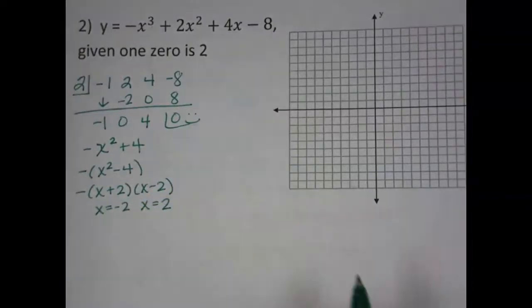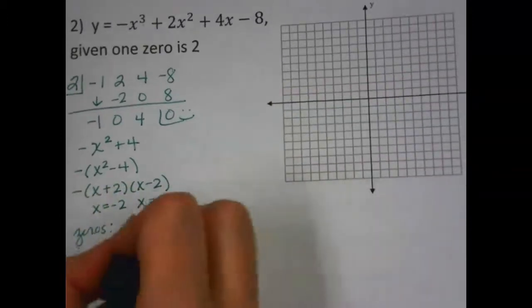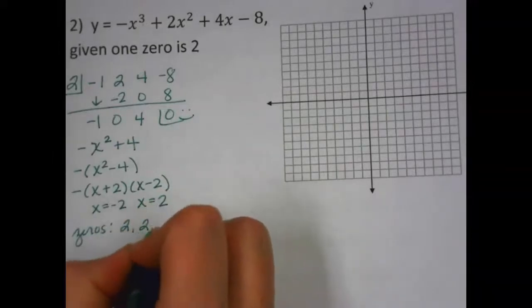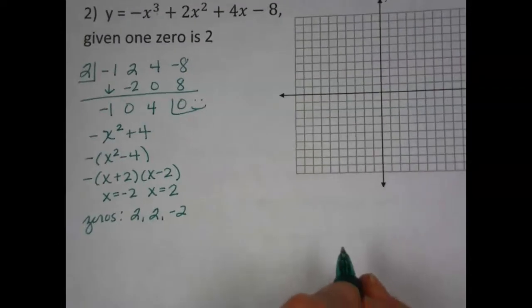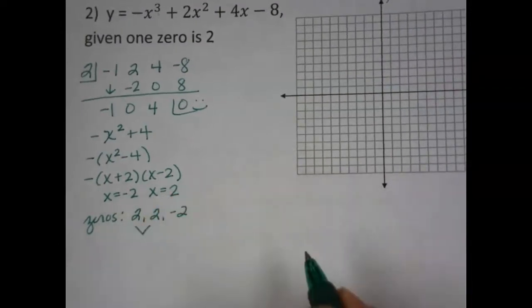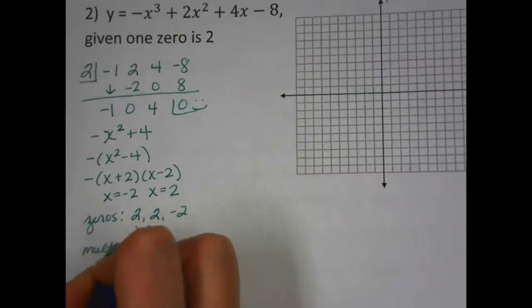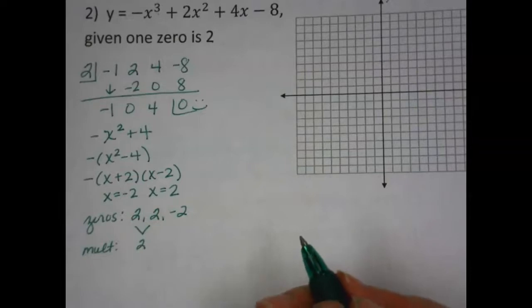So if I list out my zeros, I had 2 that they gave me originally, 2 that I found, and then a negative 2. Okay, so look here. So you see how 2 showed up twice? That means that when I look at the multiplicity, it has a multiplicity of 2, because it came twice.